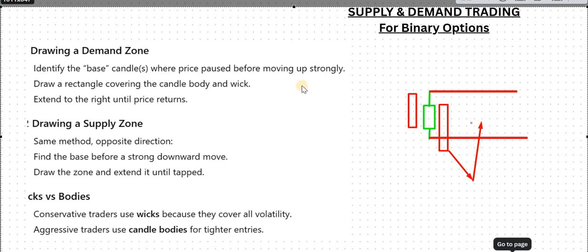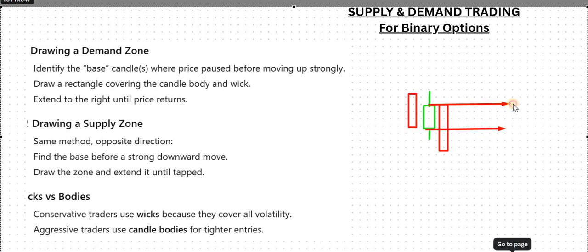Now, apart from this, you can also do it the other way around. You can use the aggressive way, and that involves you using just the body. You can use something like this and like this. So when you ask me how do you draw your zones or your supply and demand based on this candlestick pattern, it doesn't matter what you draw.